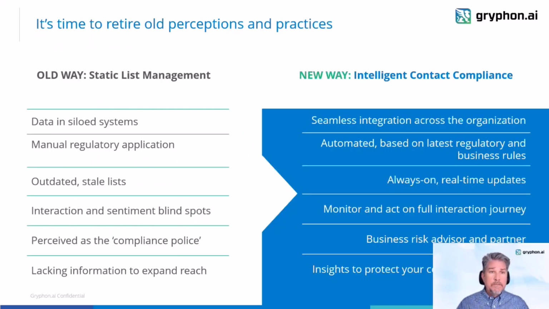As we look at the way most companies have this deployed, the old way was doing it with static list management. So a homegrown application with rules that are managed and maintained by a compliance organization with data lookups for customer lists is the traditional model for how this is done.